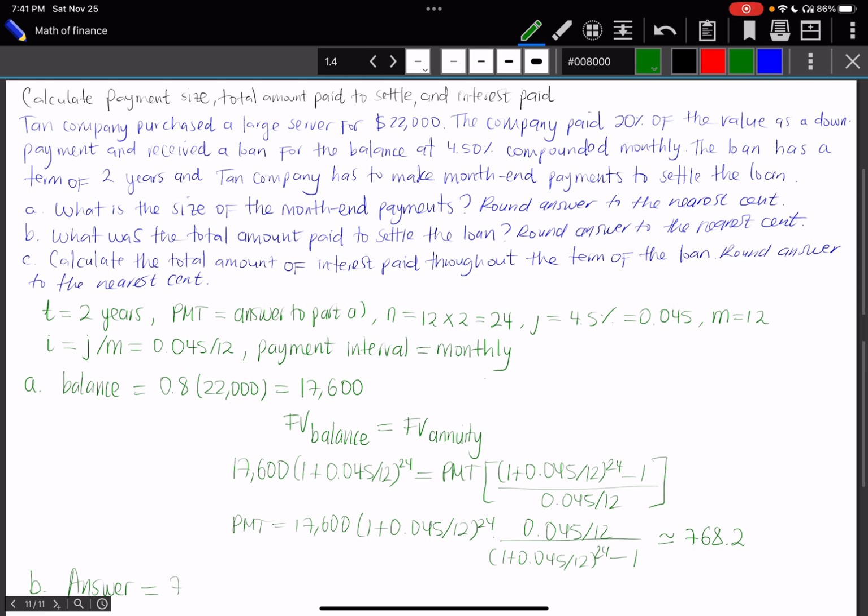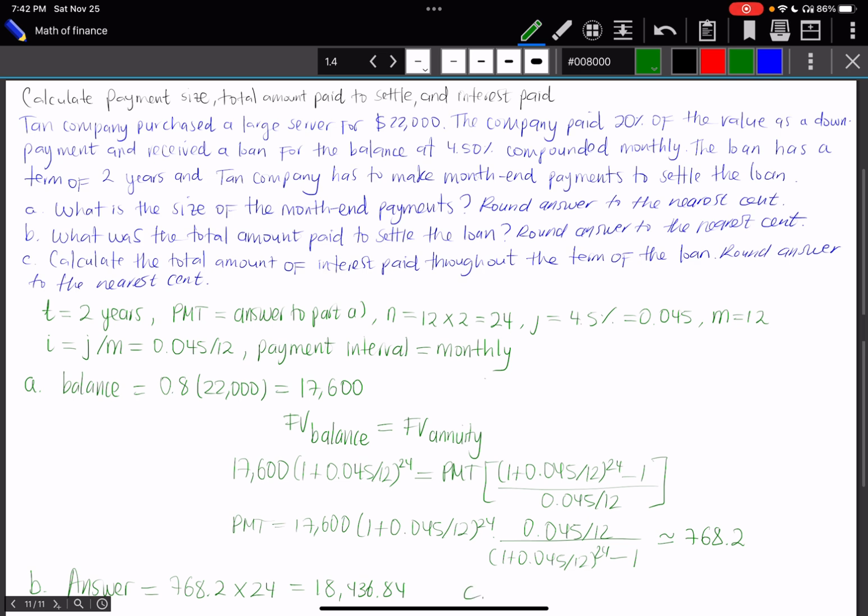We do 768.2, the size of the monthly payments Tan Company was making, by 24 because Tan Company makes 24 payments in total. And we get about $18,436.84. That's the total amount paid to settle the loan.